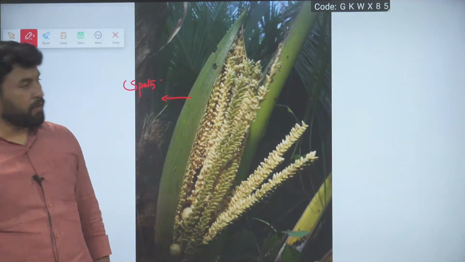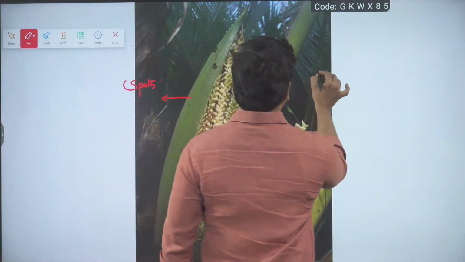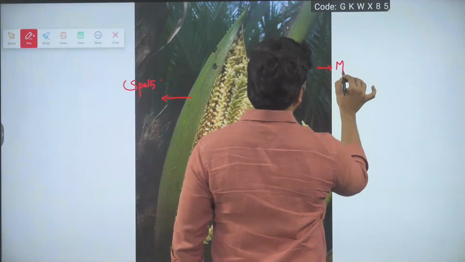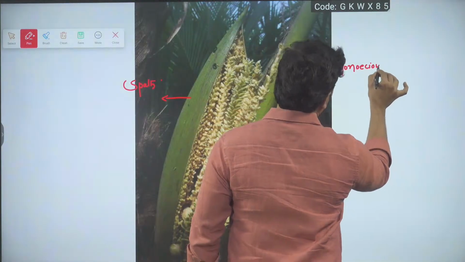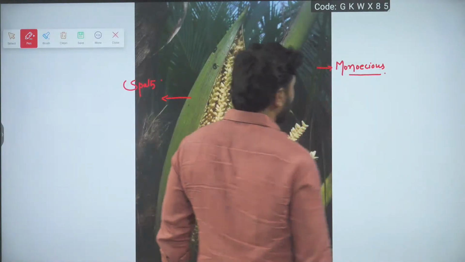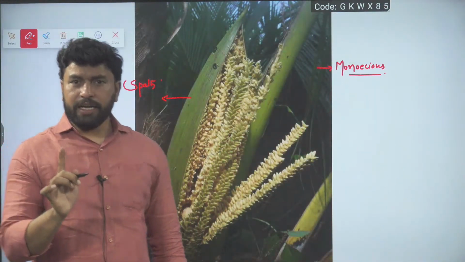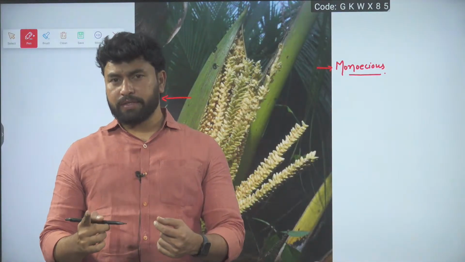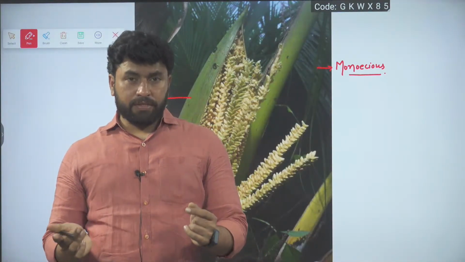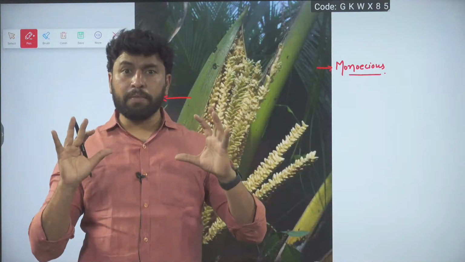One interesting thing about coconut, coconut belongs to a category called monoecious plant. Monoecious. What do you mean by monoecious? It is a kind of plant that has both male and female flowers. Male and female flowers both are arranged on the same plant.